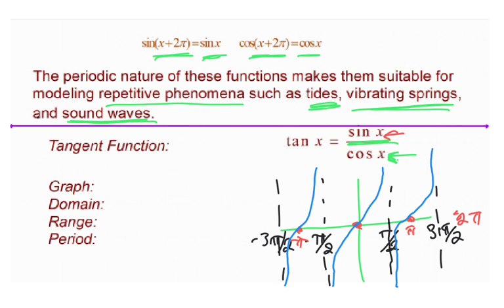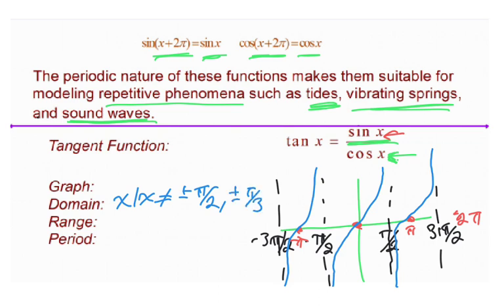So that's the graph. Now your domain on this one is not quite the same. So your domain is x such that x cannot equal positive or negative pi over 3.